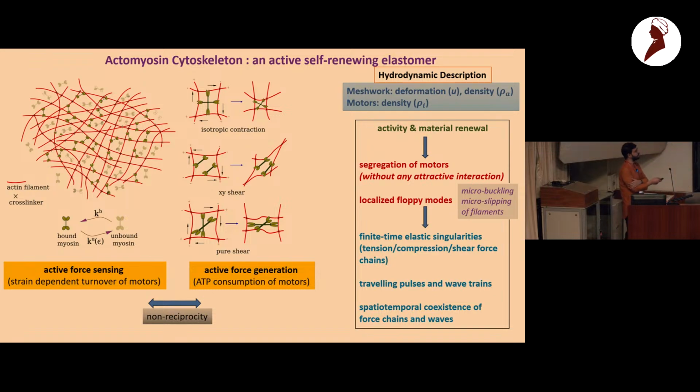So what is happening here is how we are getting these force chains. This is the theoretical picture.